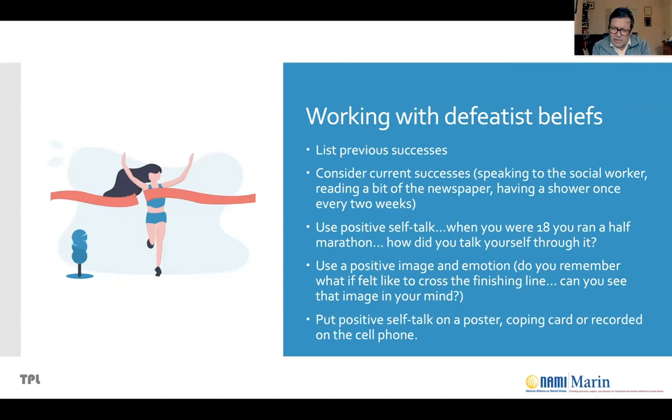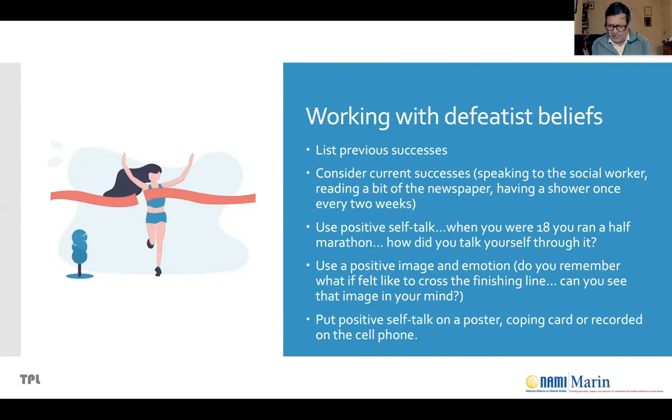How can we work with defeatist beliefs? Well, think about previous successes. Usually before the psychosis comes on, the person's had a reasonably successful life. Let's remind ourselves of them. Let's consider things that we're currently succeeding at, making that coffee, speaking to the social worker, etc. Use positive self-talk.